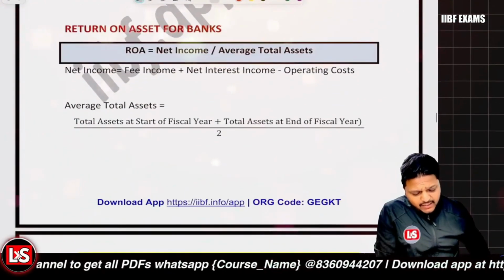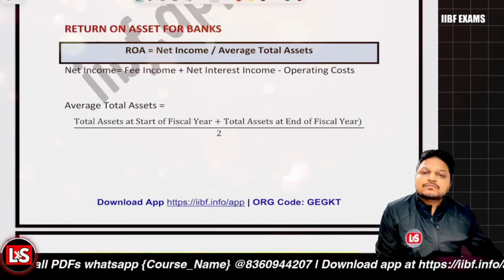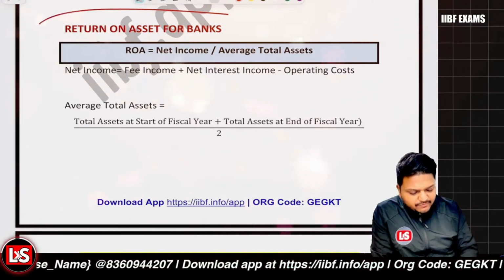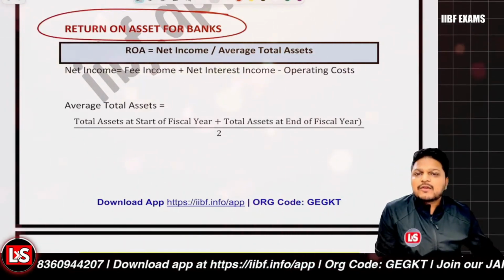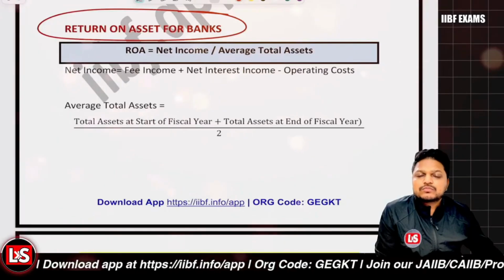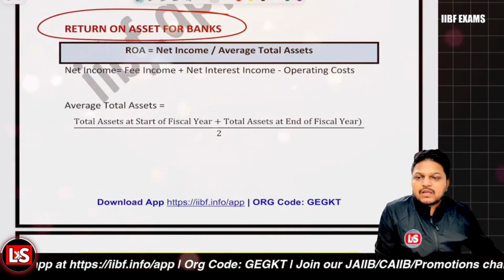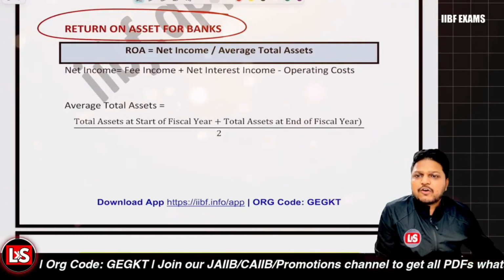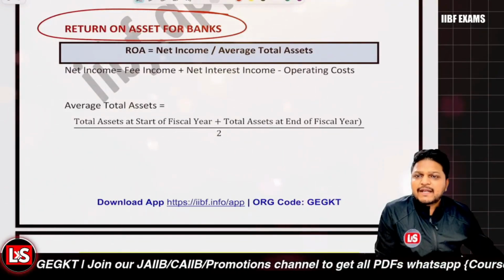Further, it's about the return on assets for the bank. For banking purposes, if we are to calculate the return on assets, what was the basic formula that I've told you, about what return you are getting over the asset?